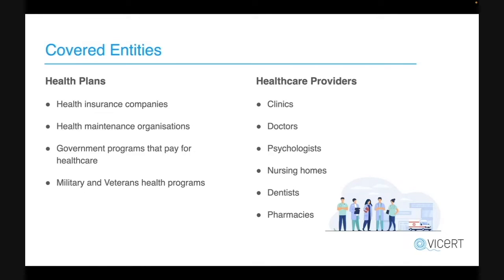Health plans include health insurance companies, health maintenance organizations, government programs that pay for healthcare, and military and veteran programs. Healthcare providers include clinics, doctors, psychiatrists, nursing homes, dentists, pharmacists, and a lot more. Also included is any public or private entity that facilitates the processing of non-standard healthcare data into a standard data format, such as an electronic standard, on behalf of other organizations.